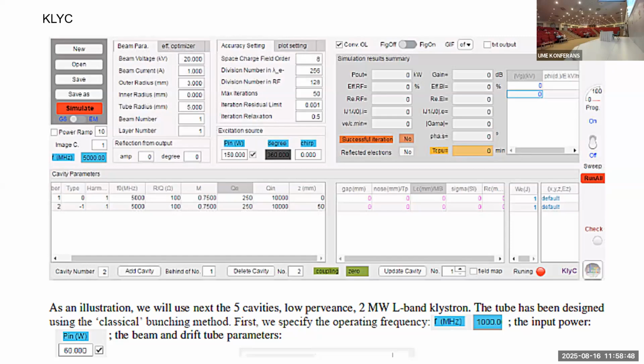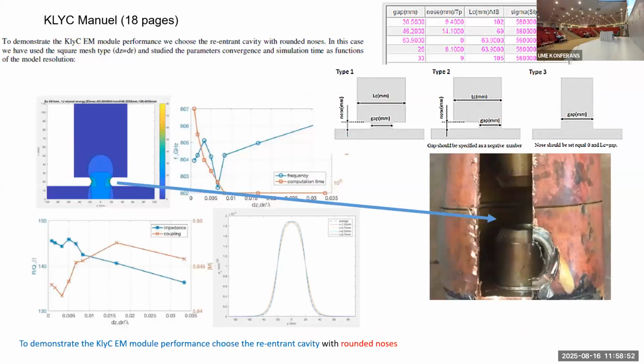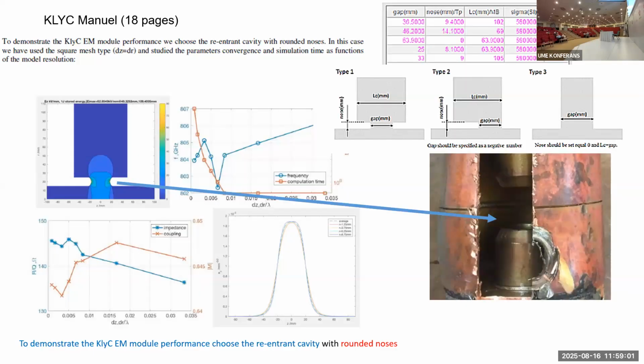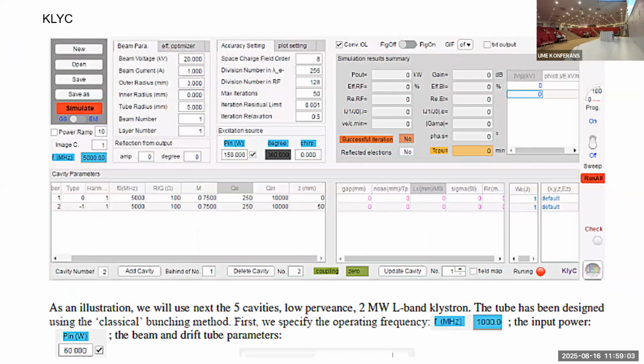And if you simulate, let's go further. And you have the plot settings. Maybe you need some plots or some animations or anything.